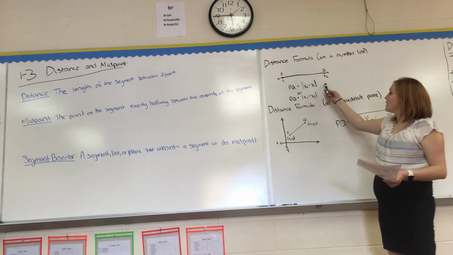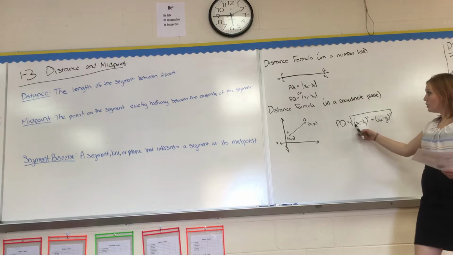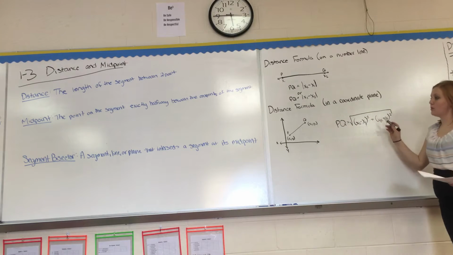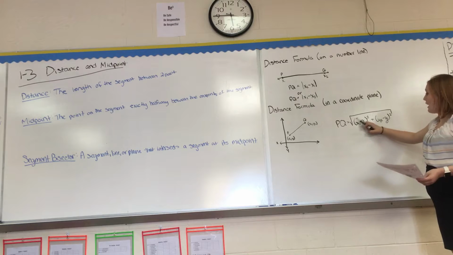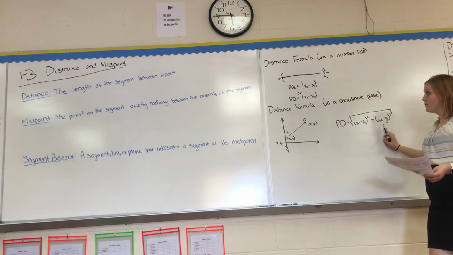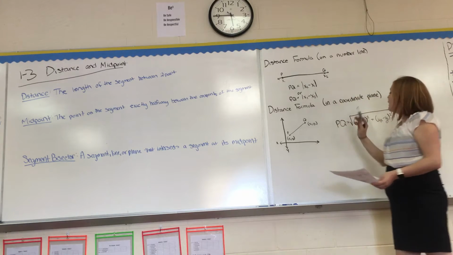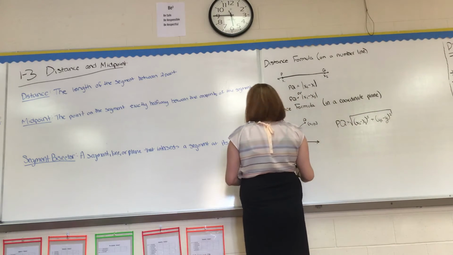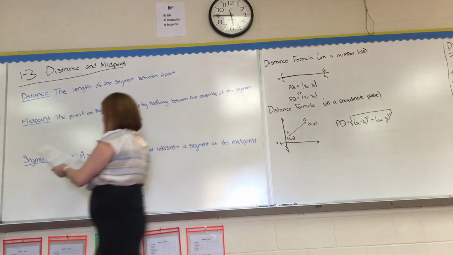It kind of reminds us of the one up here. See, we have x2 minus x1 up there. You just have to remember to square it and add the y's, which is the same except for y, and square root it.